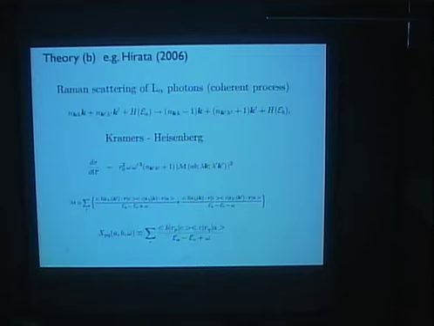And that looks at this scattering event as a Raman scattering of a Lyman alpha photon. And so basically you have a Lyman alpha photon coming in, absorbing a photon coherently, and then re-emitting the photon. There's also a stimulating photon I have on this diagram. And then coming back to a ground state, but to a different hyperfine level.